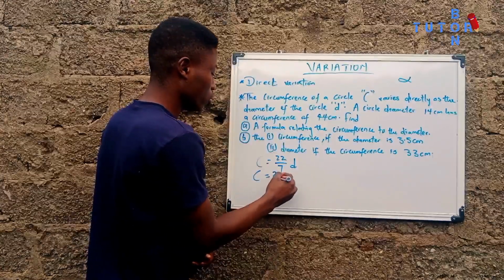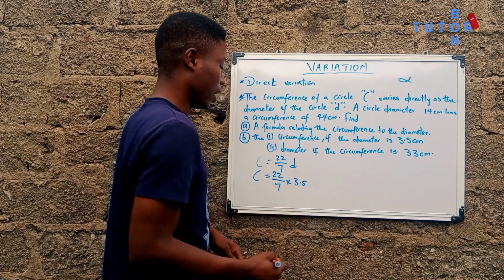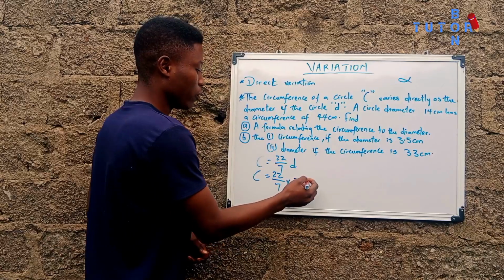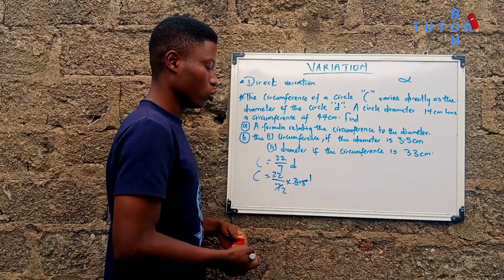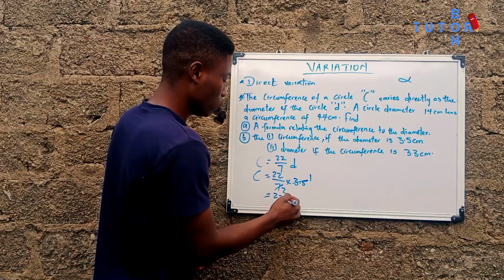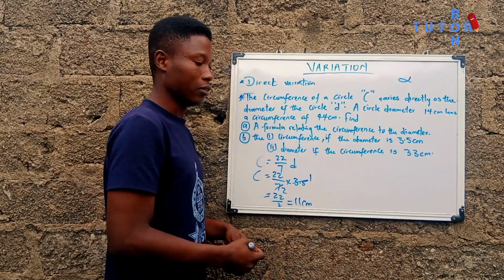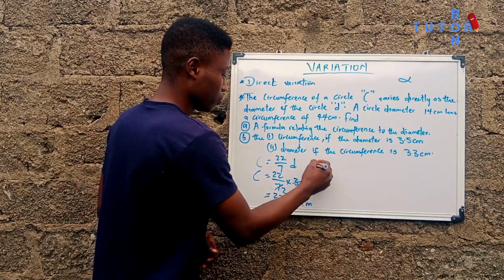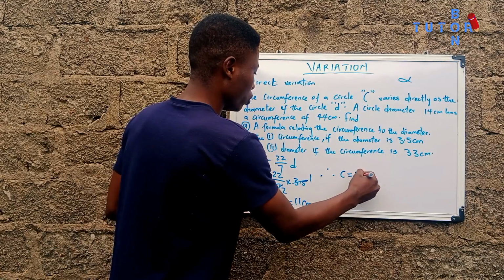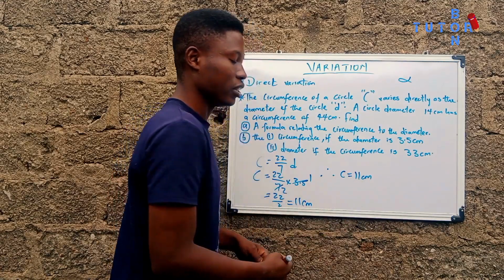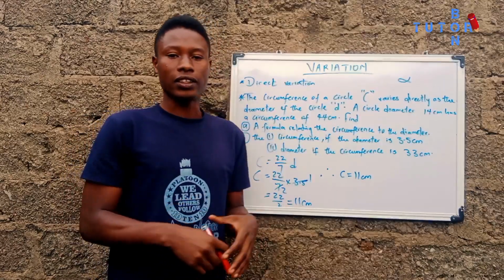C equals 22 over 7 multiplied by 3.5. The 3.5 goes into 7 two times, so you have 22 over 2, which equals 11 centimeter. So C equals 11 centimeter.